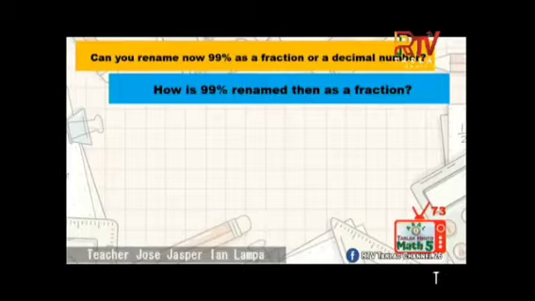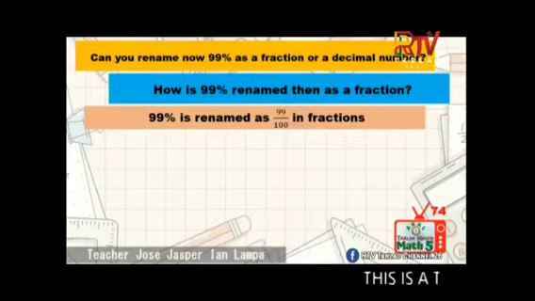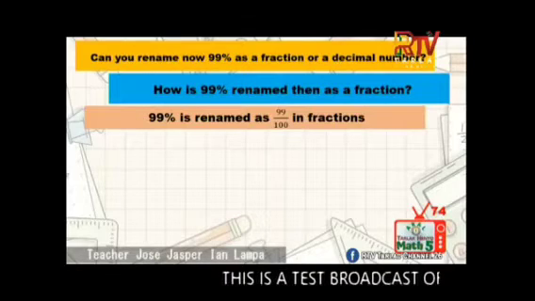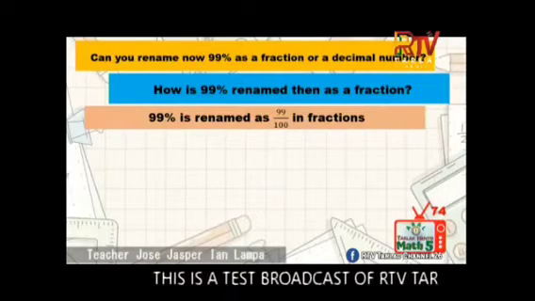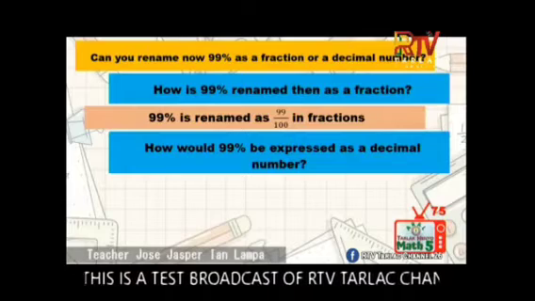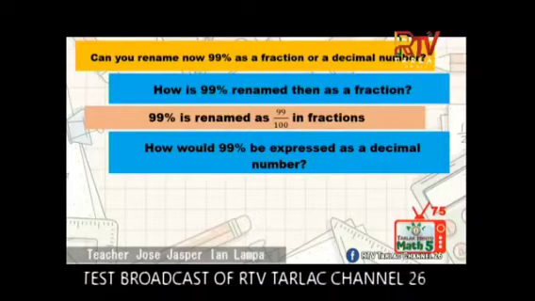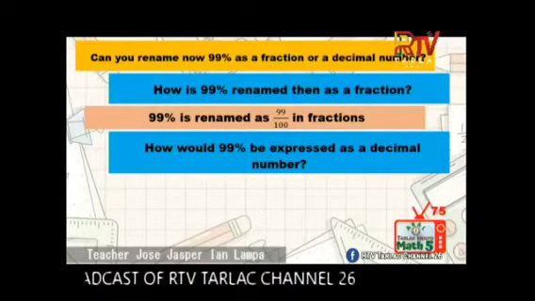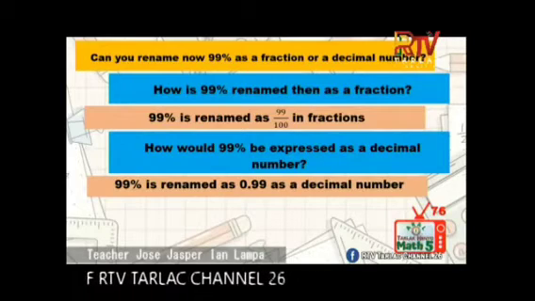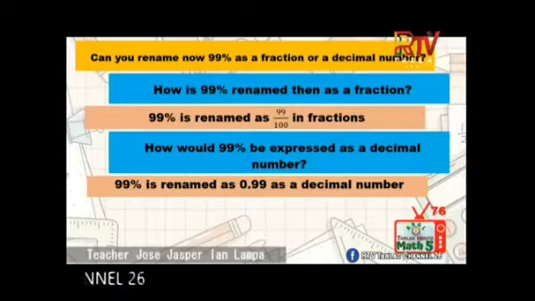If your answer is 99 hundredths, you are correct. And how would 99% be expressed as a decimal number? Excellent! 99% is 0.99 or 99 hundredths in decimals.